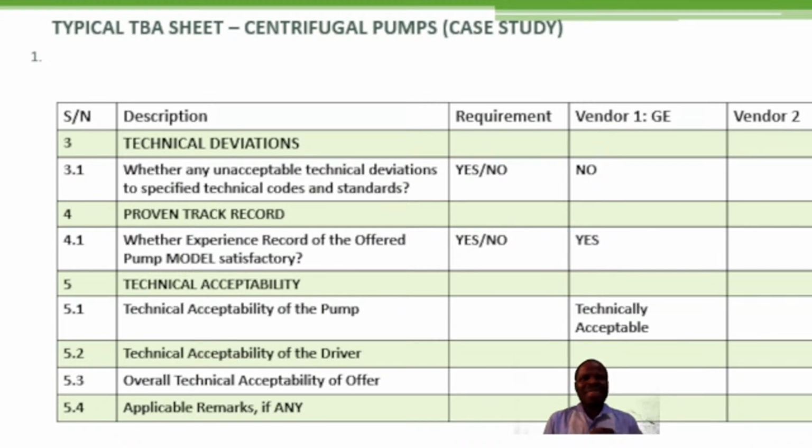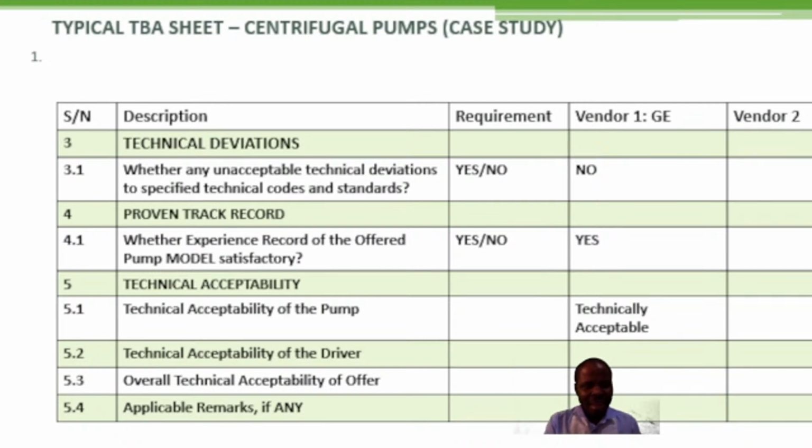That doesn't automatically mean that he is the best in between bearing pumps, say BB5 for example, or OH2 pumps. So for different models of the pump you are intending to purchase, the vendor mandatorily has to supply you the filled-in experience record pro forma for that pump model.